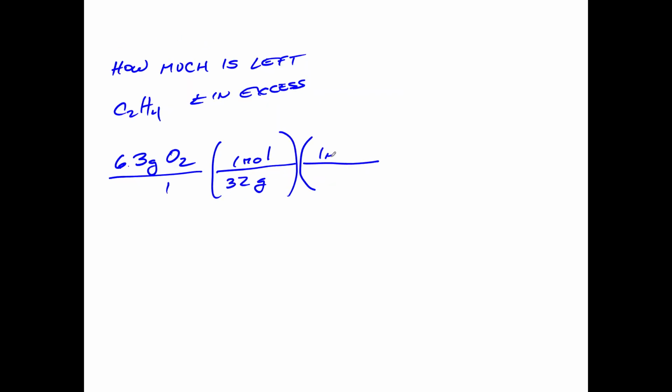So 1 mole of C2H4 goes to 3 moles of O2. Remember, this is O2 and this is O2. And what we're going to get with this is how much is used up.